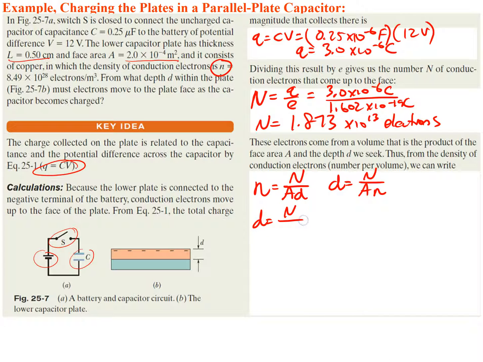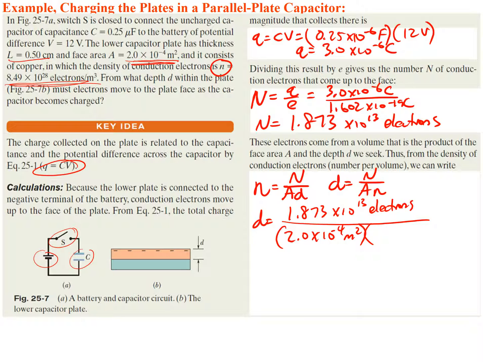It is going to be the number we just found, which is 1.873 times 10 to the 13 electrons divided by our area, which is 2.0 times 10 to the negative 4 meters squared, which is given up here in the problem, multiplied by our electron density, which is also given up here in the problem.